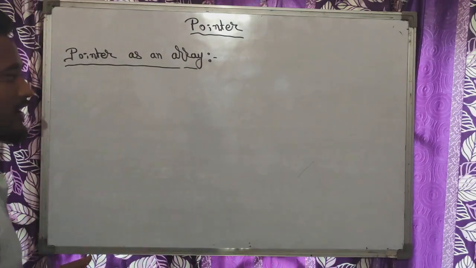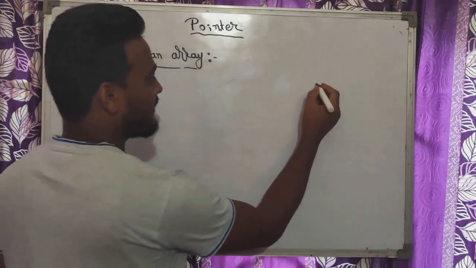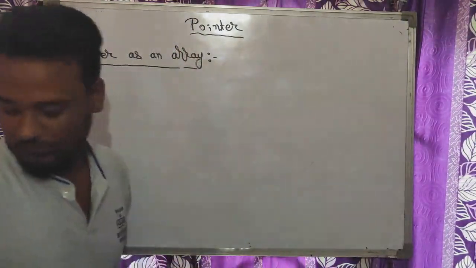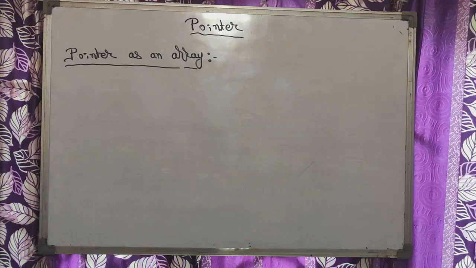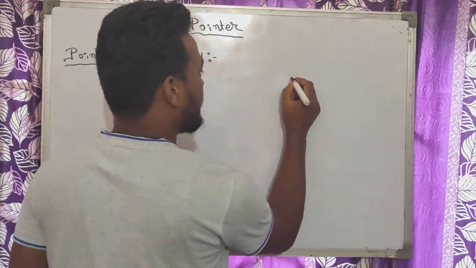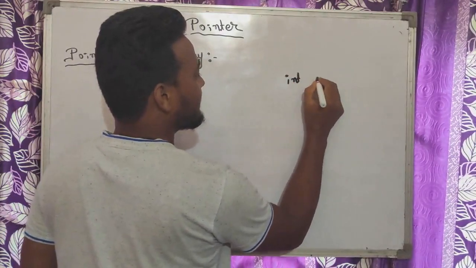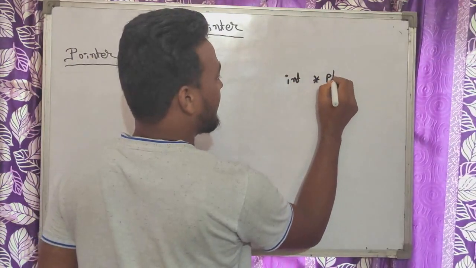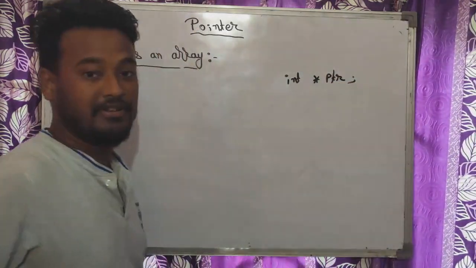So what is pointer arithmetic? Let me quickly revise it, okay? Say we have declared a pointer variable as int *ptr, okay?